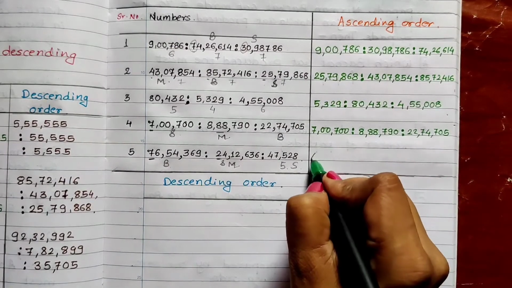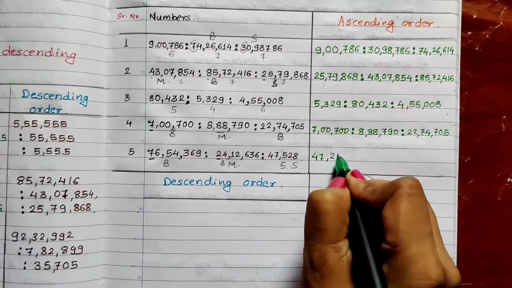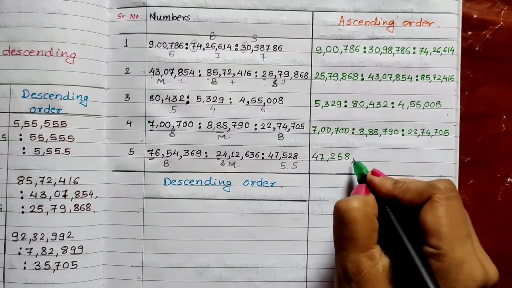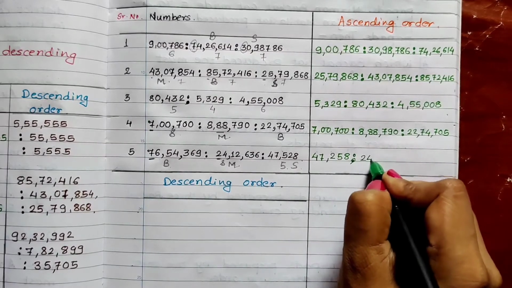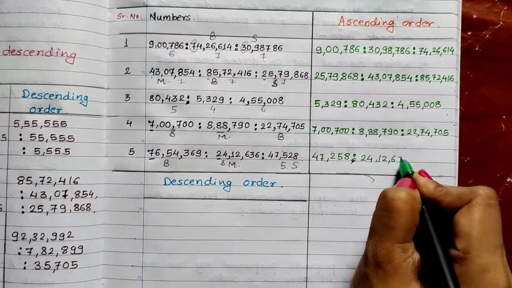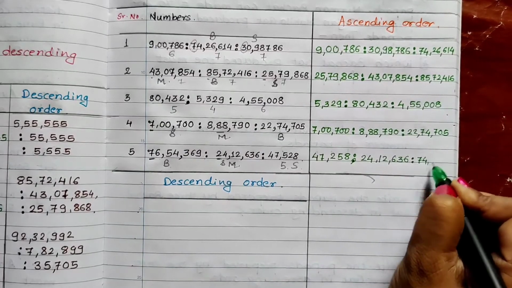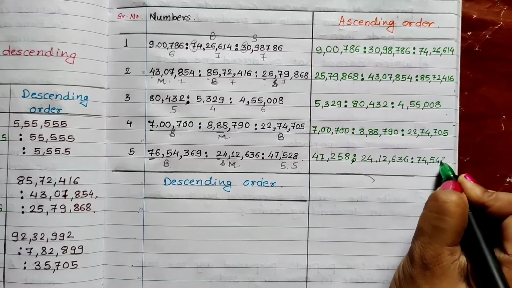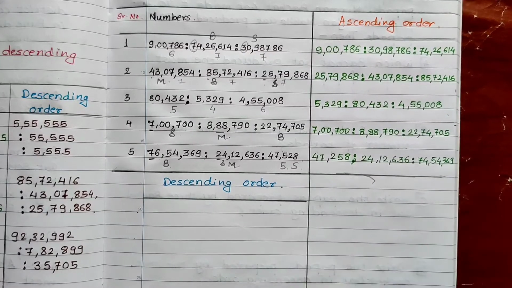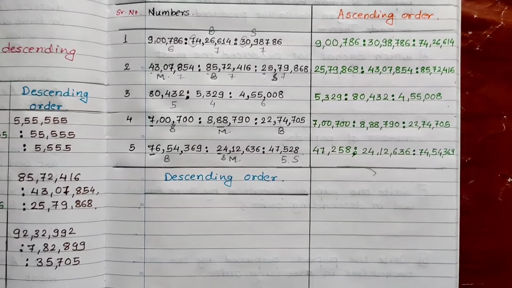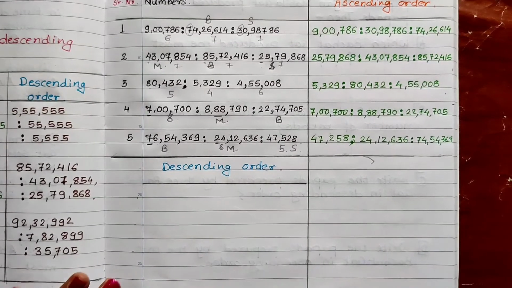So let us start from the smallest one. Then we write the middle number. And then we will be writing the biggest number, 369. Now let us write in descending order.